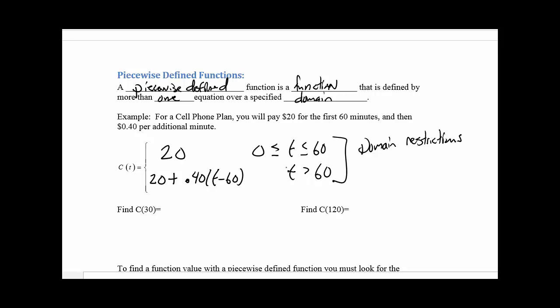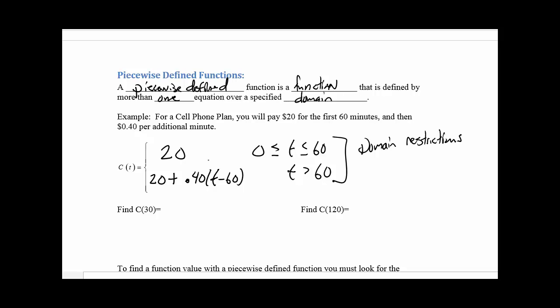And sorry, I didn't realize I didn't put a t there. If it's anything bigger than 60, I'm going to look at the bottom equation. So the domain statement tells me which equation to look at. And it doesn't make sense to have two y values associated with each x. It's still a function.